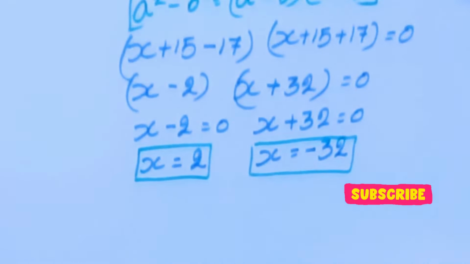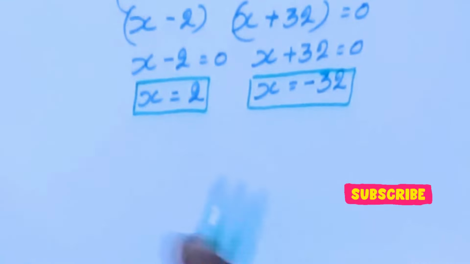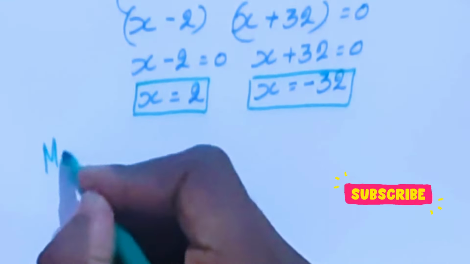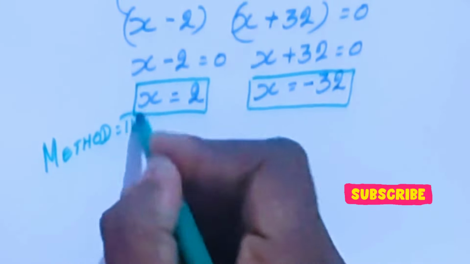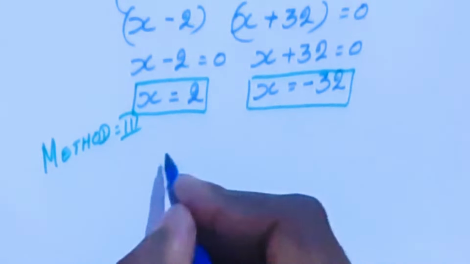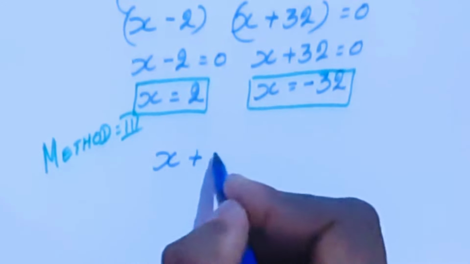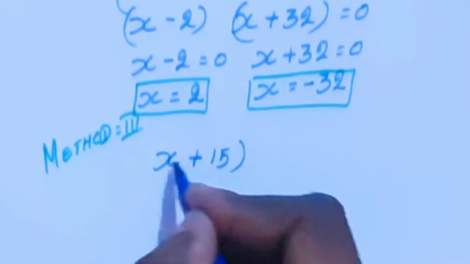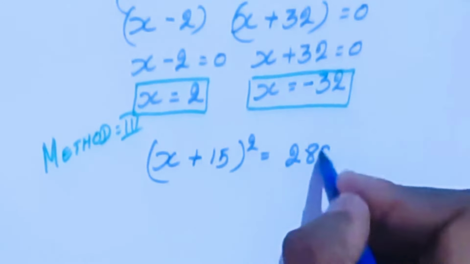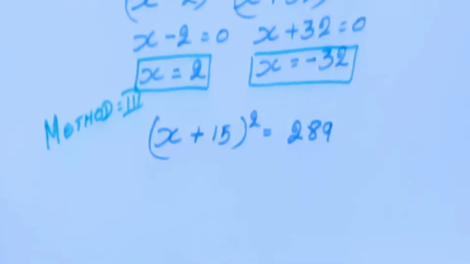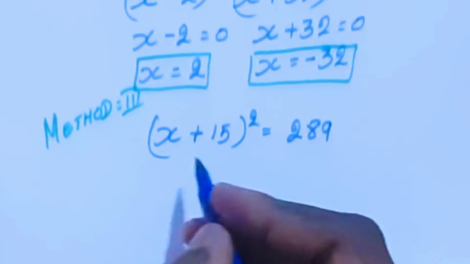Now we are going to find this in another method, which is method 3. Now here is (x + 15)² = 289. From this we are going to take the square root on both sides.